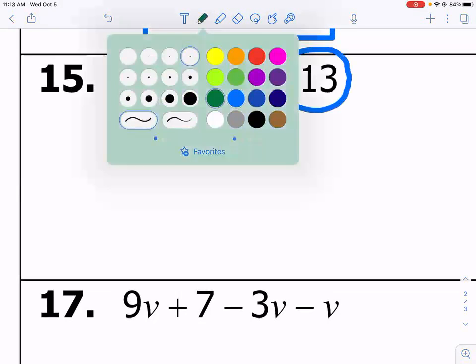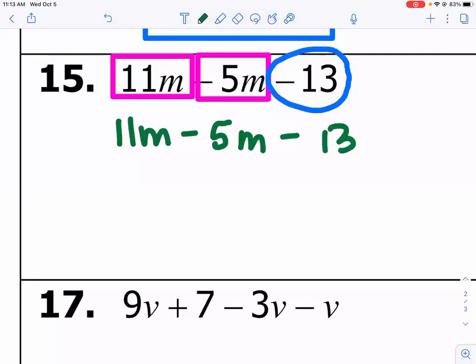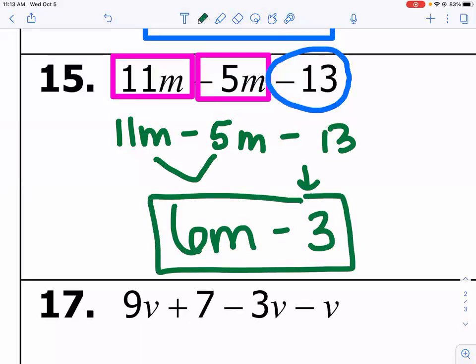Hey, did we have to rearrange these at all? We didn't even have to rearrange them. Hey, Bronson, if I take 11m minus 5m, that equals 6m? Since I don't have anything to add to that minus 13, we're just going to bring down the minus 13.